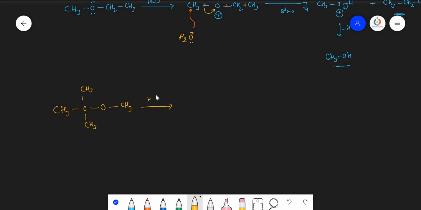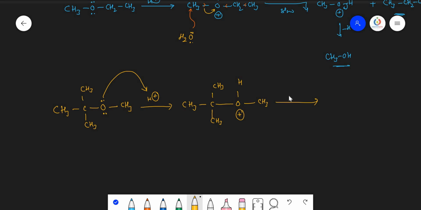When it is subjected to acid hydrolysis, the first step is the same: the lone pair of electrons of the ether oxygen attacks the H plus ion and forms an unstable intermediate like this. Here a positive charge is created.